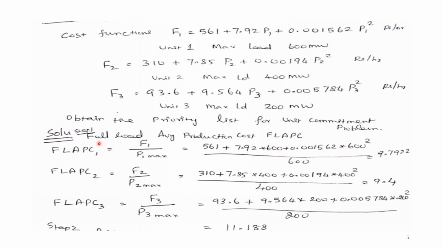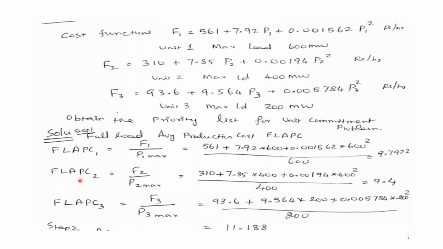For the first equation, you write the fuel cost divided by P1 max. The F1 equation is 561 plus 7.92 P1 plus 0.001562 P1 square. In that you substitute P1 as P1 max, 600 megawatt, and divide by 600. After simplification, the answer is 9.7922.